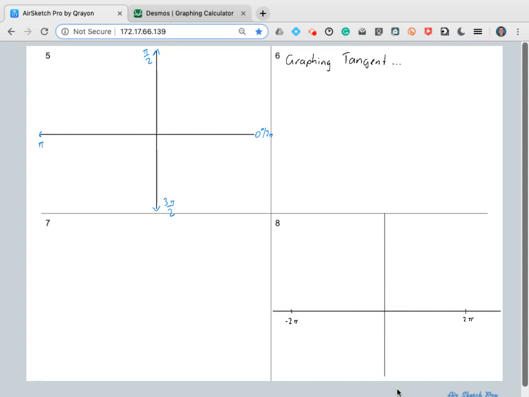If you have a look at the graph from the CAST diagram, if I take an angle which is really close to the x-axis like so, when I bring that angle down to 0, what's happening to tan?